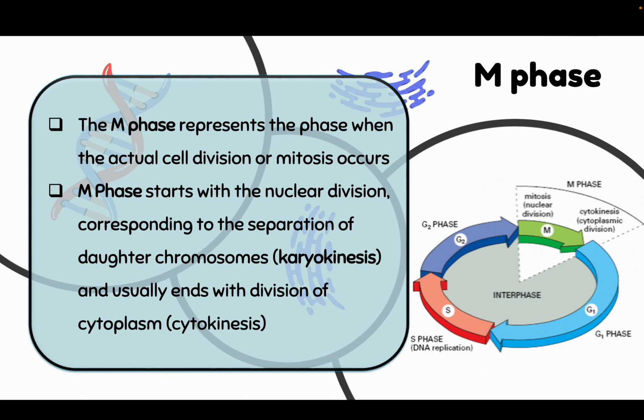So the nuclear membrane disintegrates, and that corresponds to the separation of the daughter chromosomes, the daughter DNA, into two, and will end with the division of the cytoplasm.